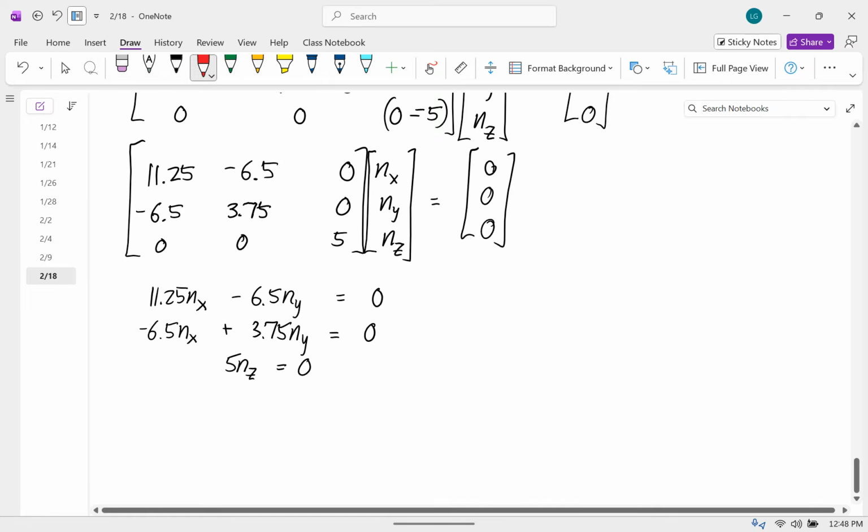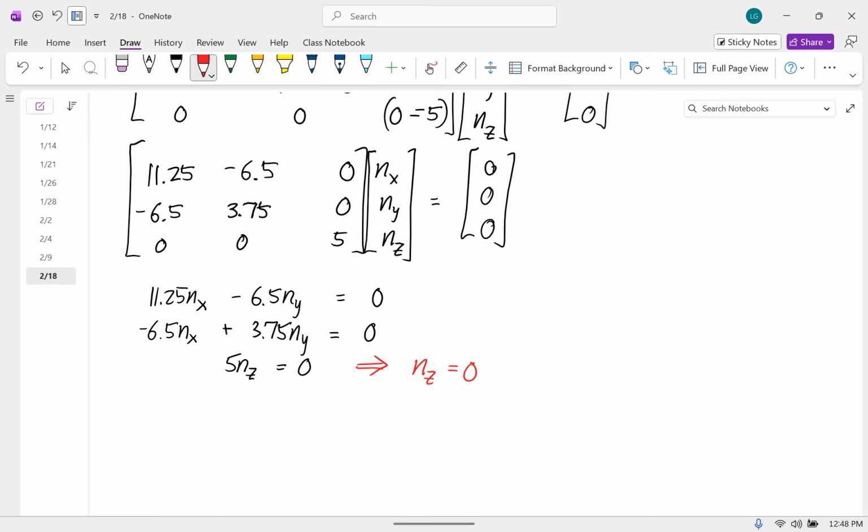Well, this one tells us that nz has to be 0. There's no way around that. And those other two, it turns out, are redundant. One's a linear multiple of the other one. So to see that, from the first one, 11.25 nx is equal to 6.5 ny.